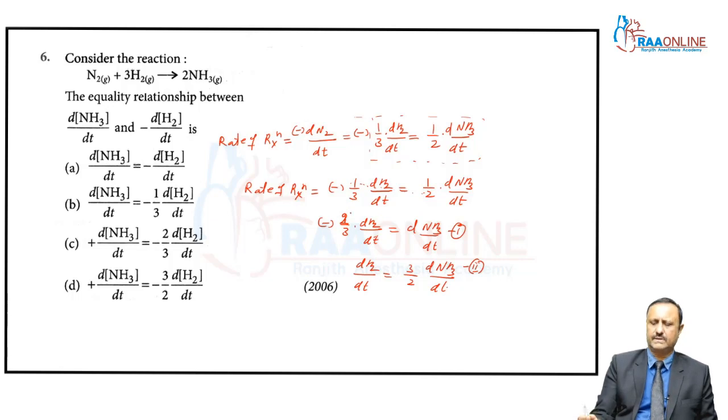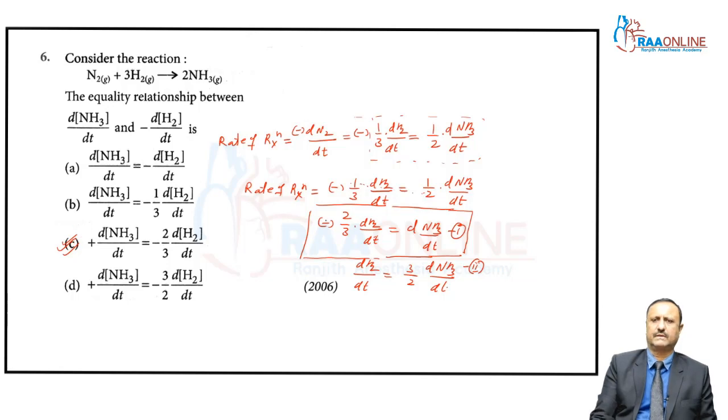So here, my dear students, 2 by 3 dH2 upon dt. For this question number 6, you get the answer C as the correct answer. This is the answer of question 6.